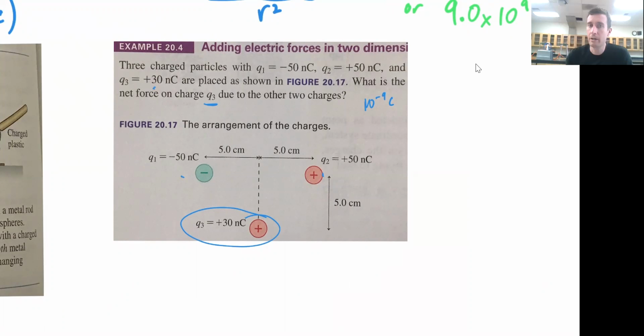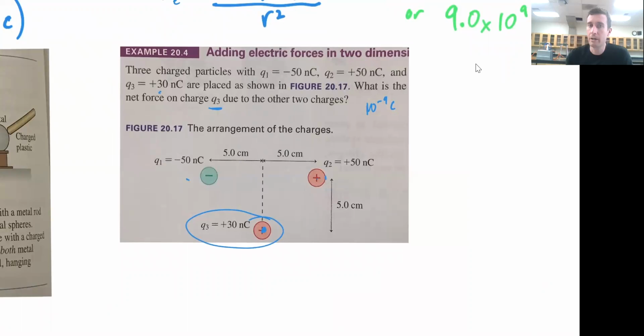Okay, so for each of these other 2 charges, first, I could draw the force from those charges on here. The positive one here, positive, positive, are going to repel. So this one is going to be pushing this charge directly away from itself. The negative and the positive are going to attract, and so the negative is going to be pulling it directly to itself.